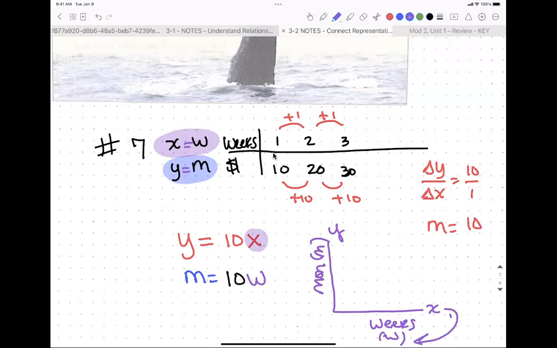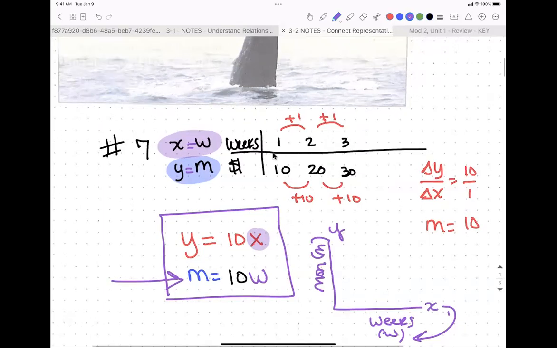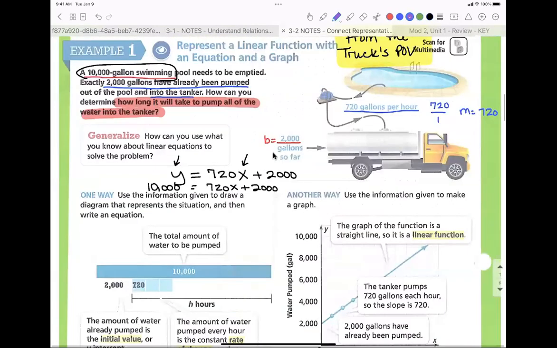If they give it to you in a table, you've got to know that the X is on top and the Y is on bottom. This is what they're asking you to put into the computer, and they tell you to use M and W, or they might tell you to use D for distance and T for time. Make sense?